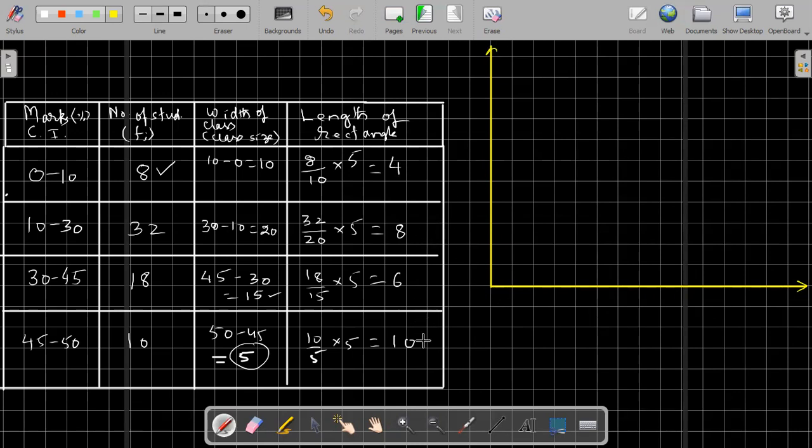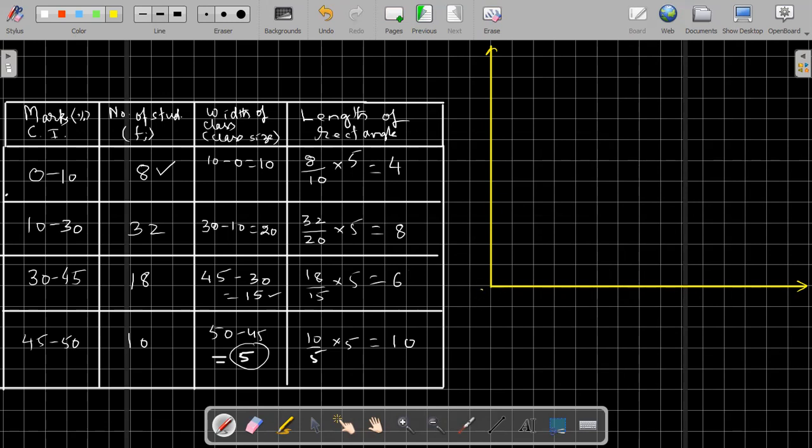We have heights 4, 8, 6, and 10, and the values are 0 to 10, 10 to 30, 30 to 45, then 45 to 50. So we can take 10, 20, 30, 40, or we can take 5 also because it is up to 50: 5, 10, 15, 20, 25, 30, 35, 40, 45, 50. It is up to you. You can take 5 or you can take 10.